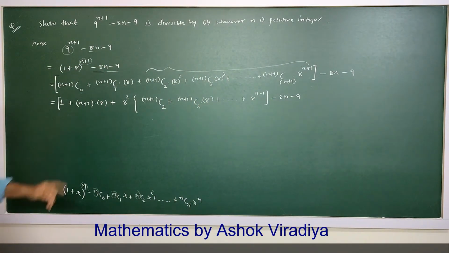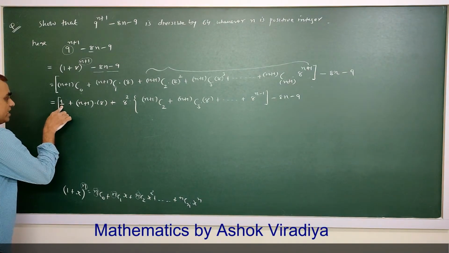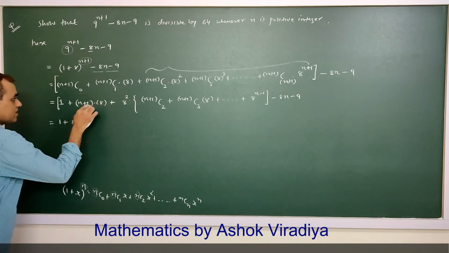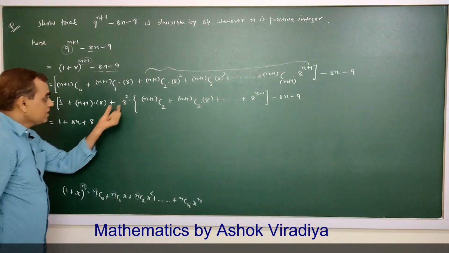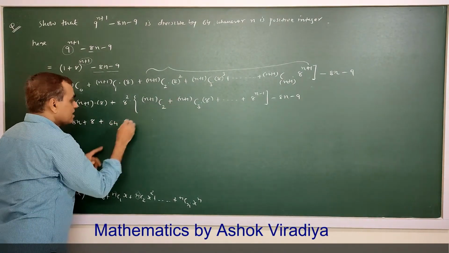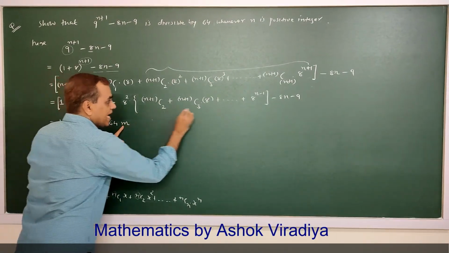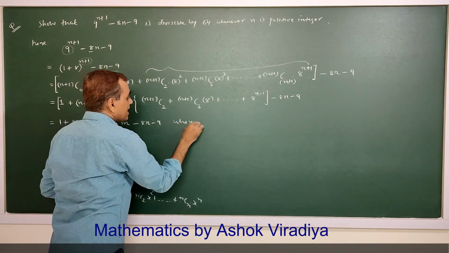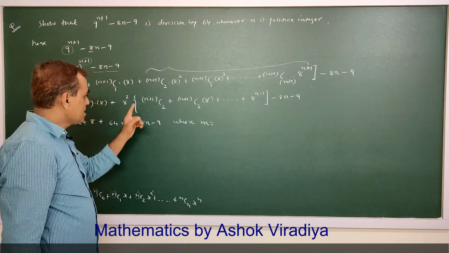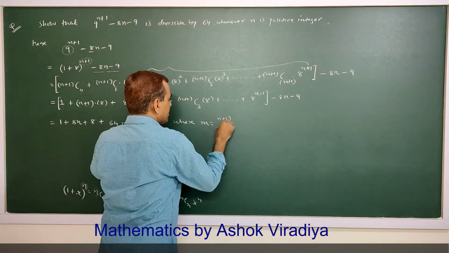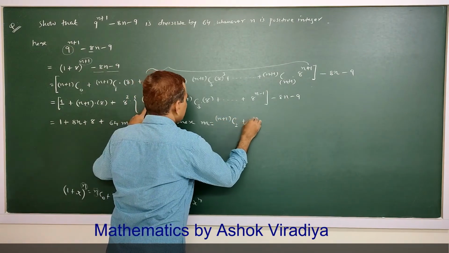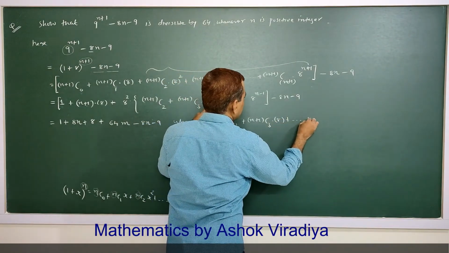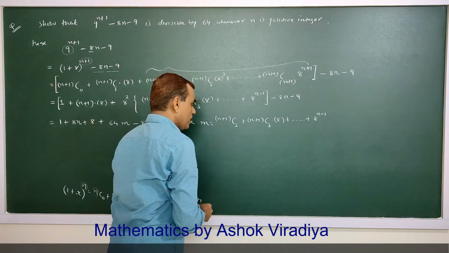So this is 64. So see, 1 plus 8n plus 8 plus 64, and this number I am saying m, this is m, minus 8n minus 9, where m is (n plus 1)C2 plus (n plus 1)C3 into 8 plus 8 raised to n minus 1.